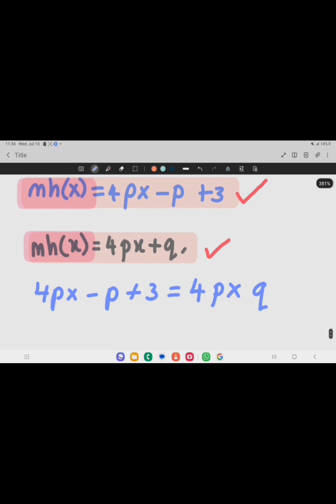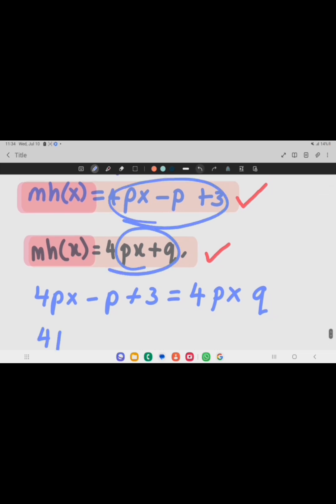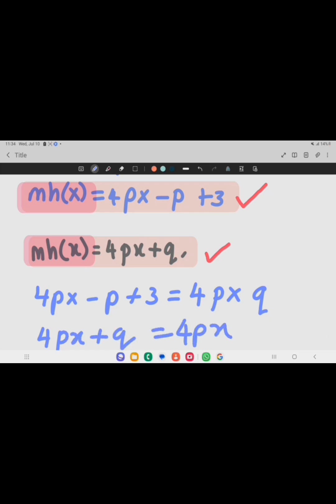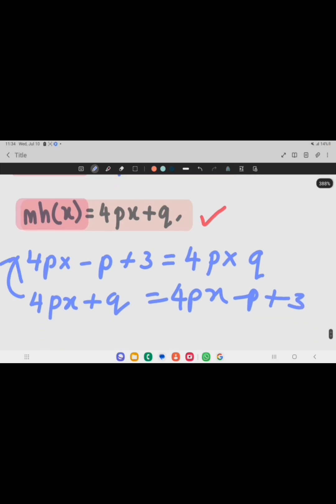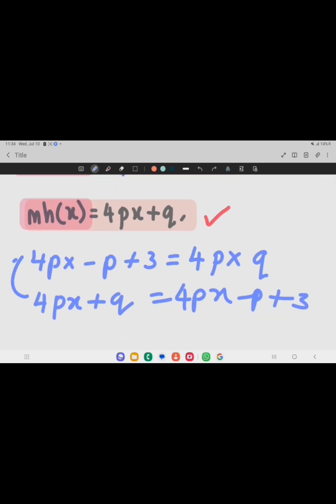Maybe you can ask me, can I write this one first and then I write this at the back? Can also. You can also do like this: 4px + q = 4px - p + 3. Are they the same? Yes, both of them are the same. So you can choose either one. But I'm going to choose the first one.